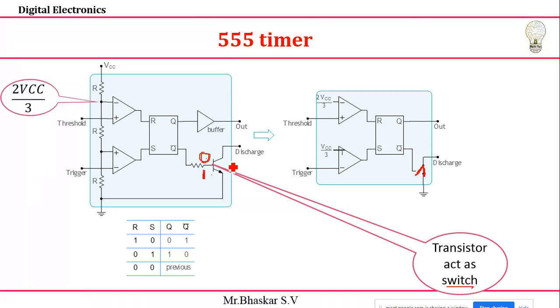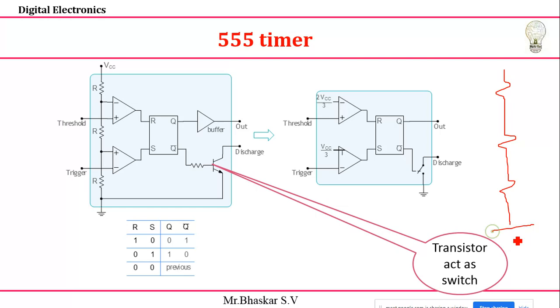Next, the second thing is the two comparators. But before going to that, first I'll take this voltage divider network, where we are going to use three resistors. Separately, I'm going to take this circuit. You can see that you have three resistors connected to the ground, and I have a VCC here.